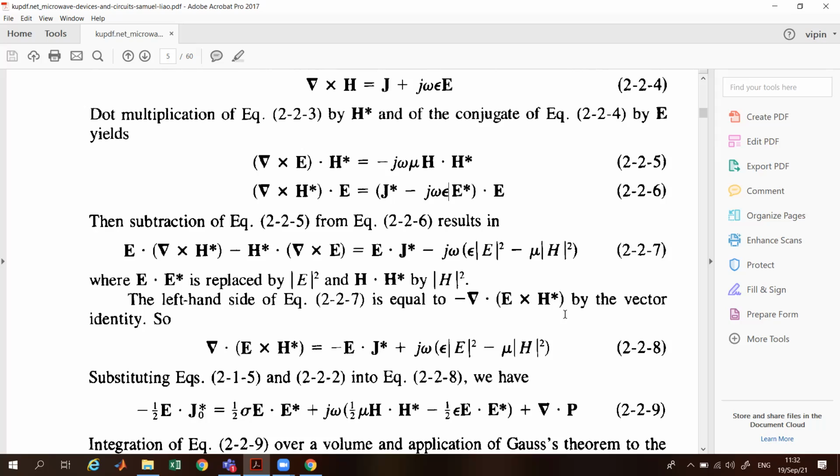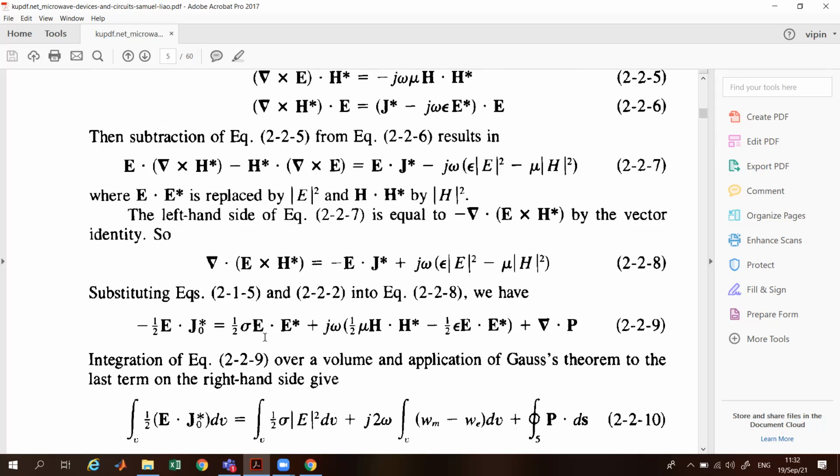This identity you need to remember. I'm not sure whether you studied it in your mathematics, but this complete part can be written as divergence of E vector cross H vector. This comes from vector calculus. Then we substitute these values here.